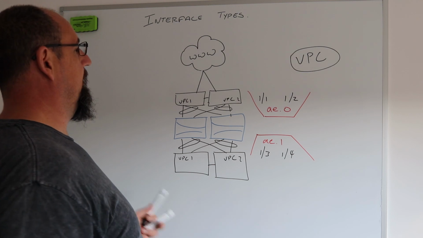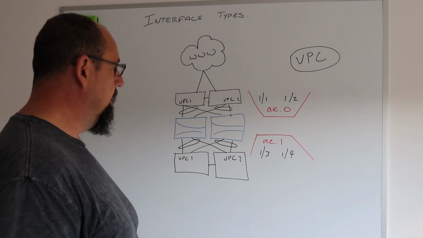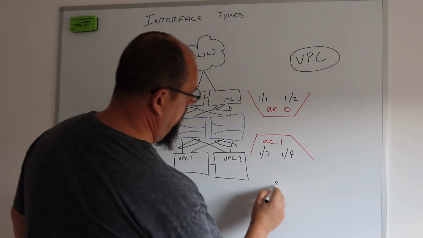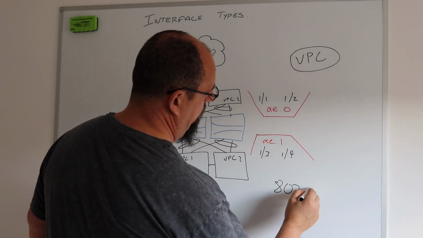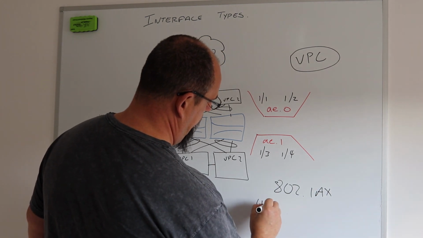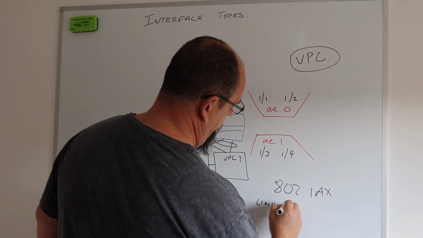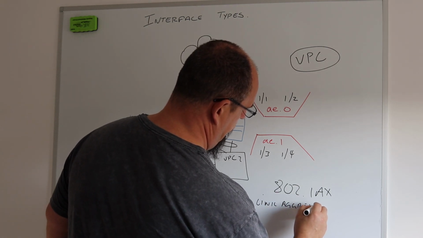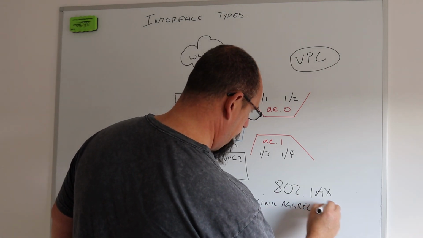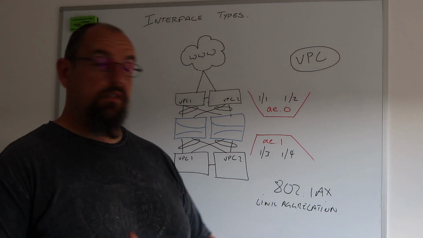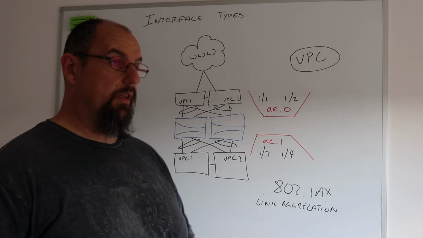That's basically what aggregated interfaces are for. They use 802.1AX, which is link aggregation, and that's how they exchange messages across them and keep them going.